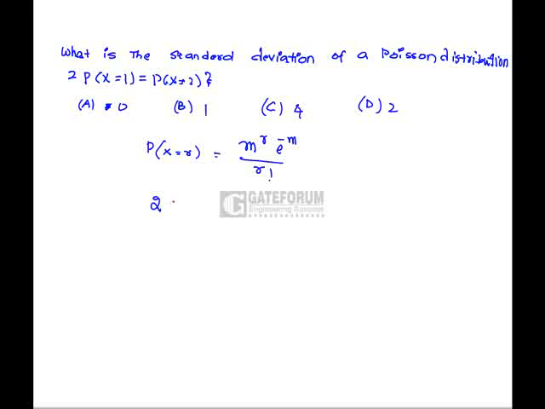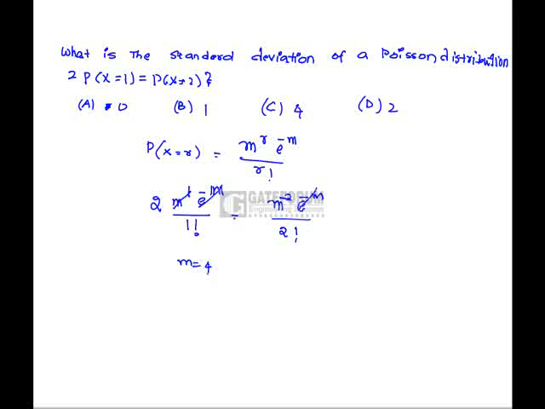Here 2 m power 1 e power minus 1 divided by 1 factorial is equal to m power 2 e power minus m divided by 2 factorial. So this m gets cancelled.